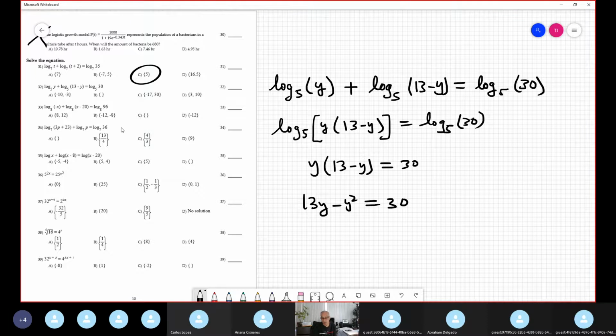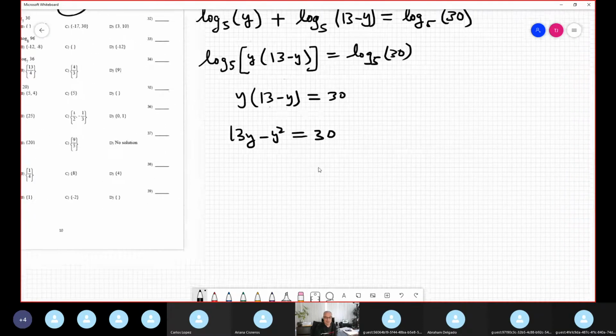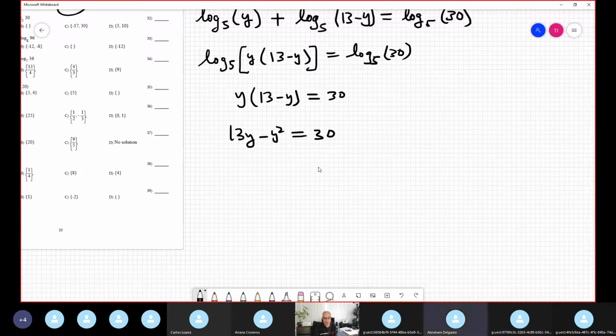It looks like a quadratic equation, no? But let me put it in standard form. I propose you move everything to the right. So we have y squared minus 13y plus 30 equal to 0.